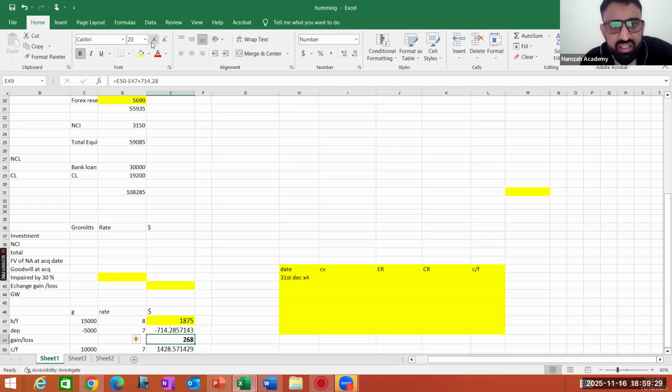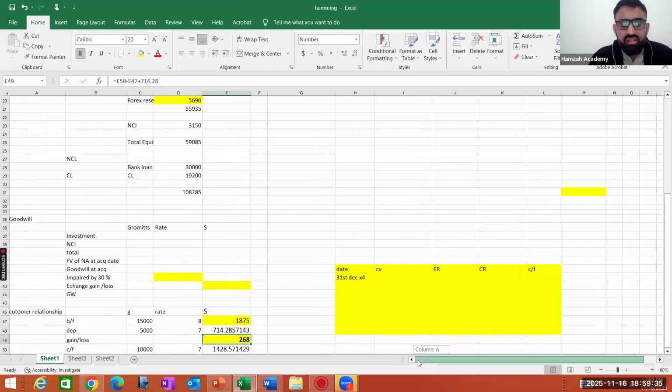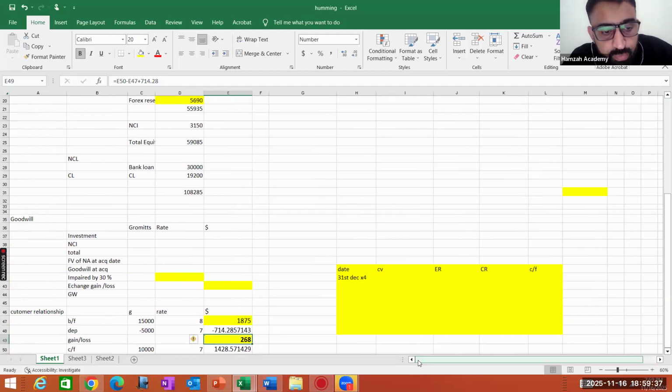Now, this 268 is the exchange gain and loss, and it should be reported in the group financial statement with the percentage owned by the group, and according to that percentage it will be recorded in group reserve, and the remaining will be the share of the NCI.